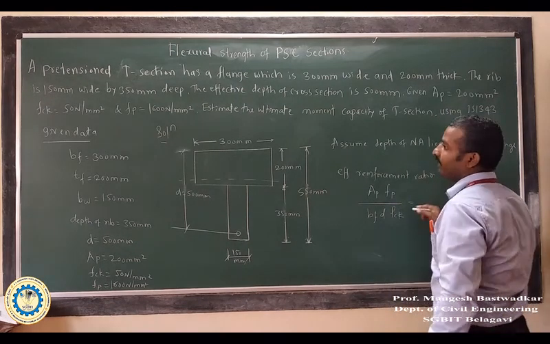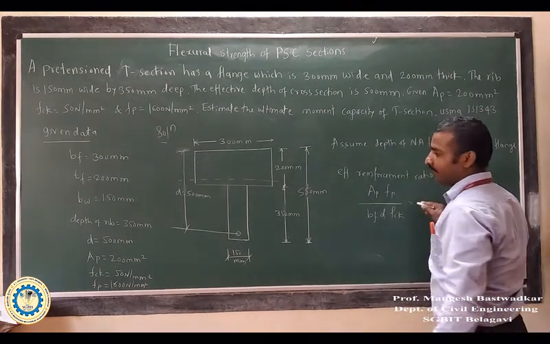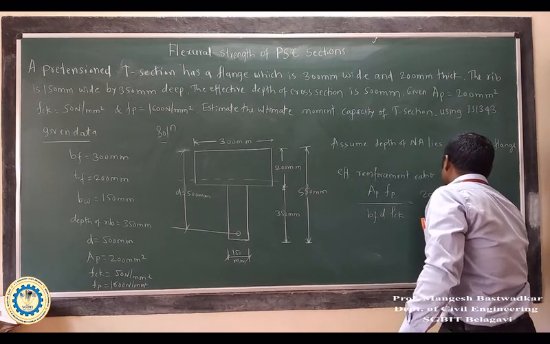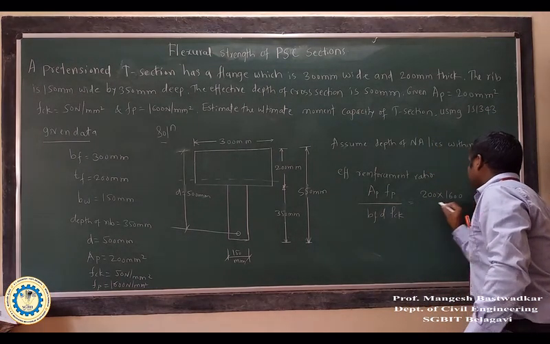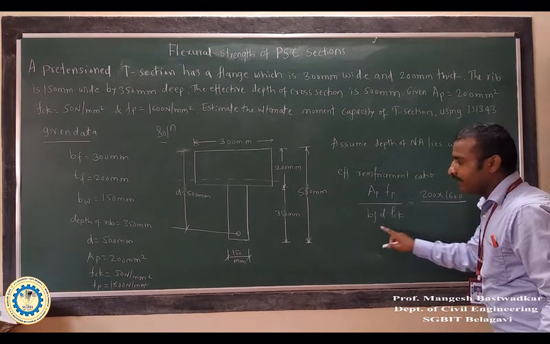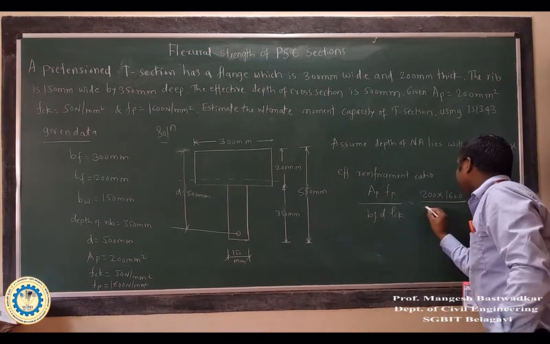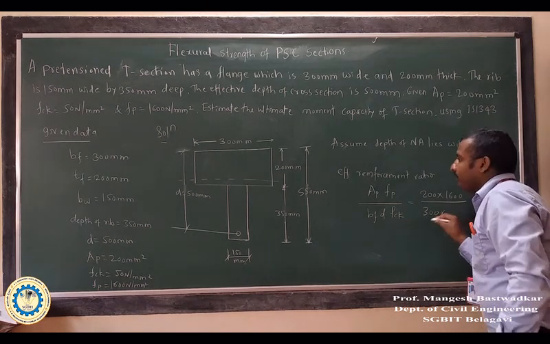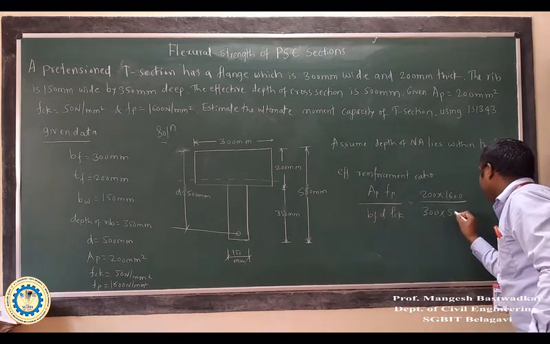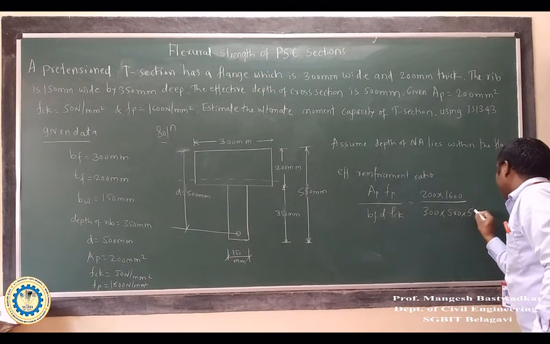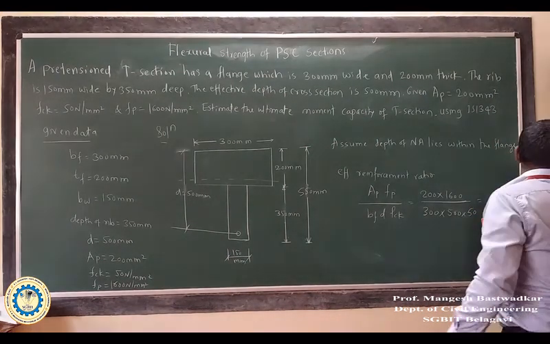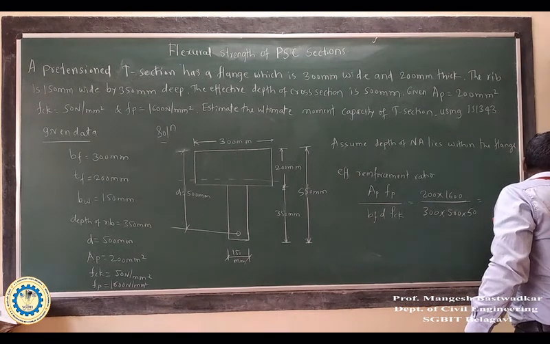We will substitute the values: AP is 200 mm square, FP is 1600 Newton per mm square, BF is 300 mm, effective depth is 500 mm, and FCK is 50 Newton per mm square. So we'll get this value.